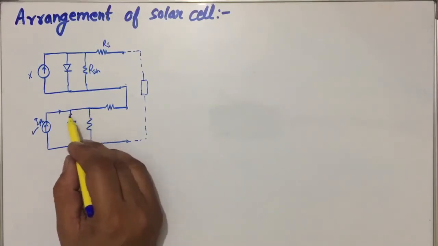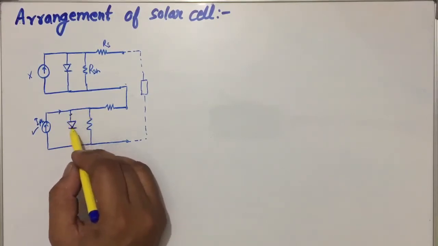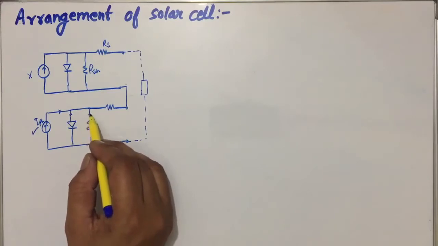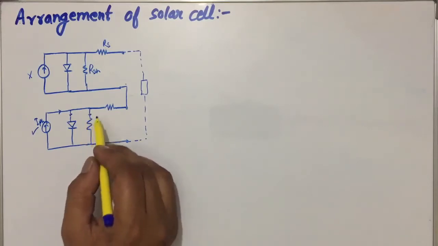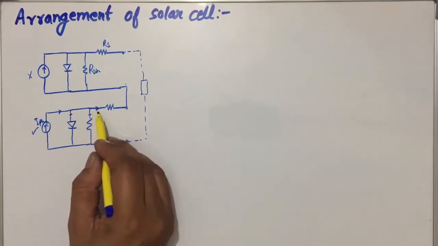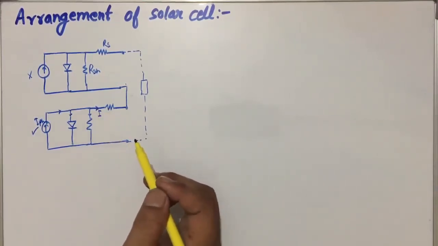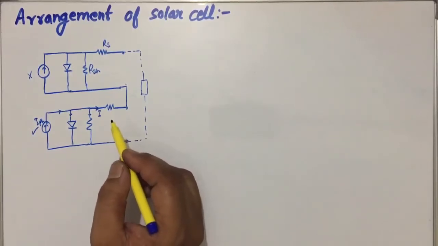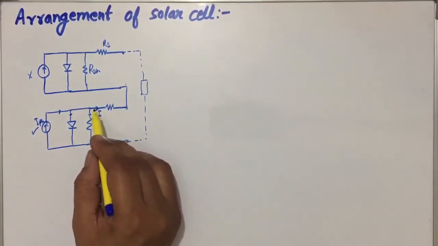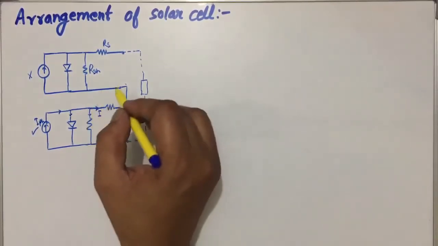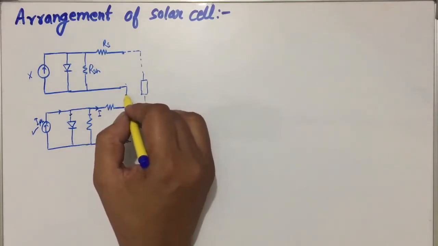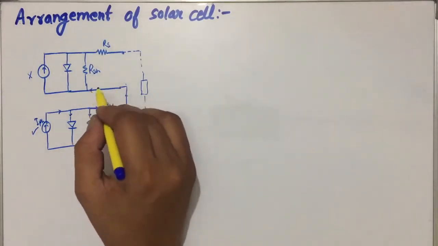Part of the current follows this path and another part follows this path, but the main and major part follows this path. And once it follows this path, it has only one path here.